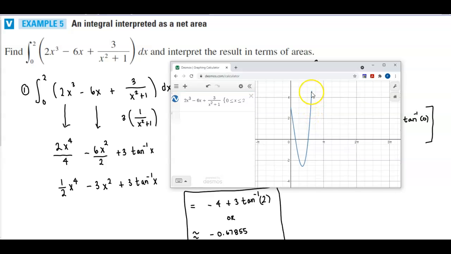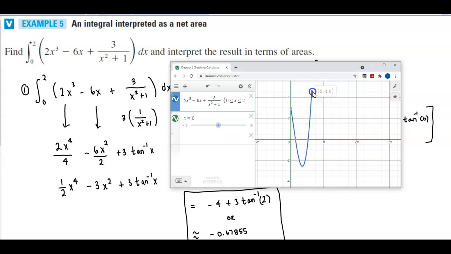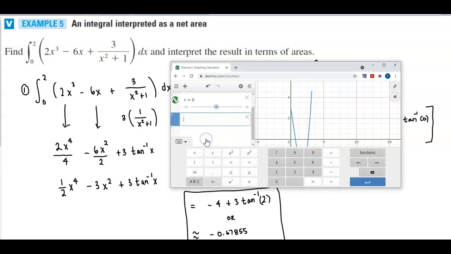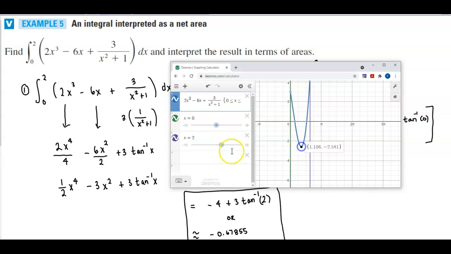Let's go ahead and put in some vertical and horizontal lines here. I'm going to put in a vertical line at x equals 0, just so we can see what's happening. And then we have a vertical line at 2. And then we have a horizontal line at 1.106.